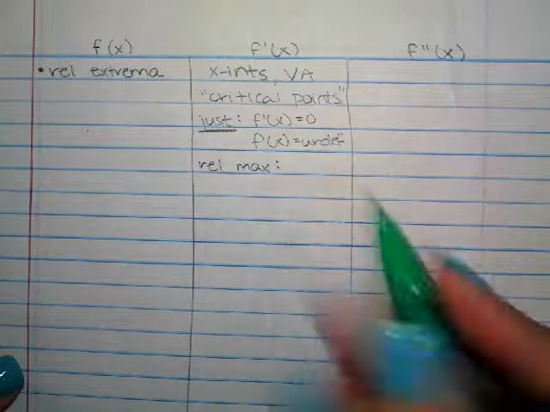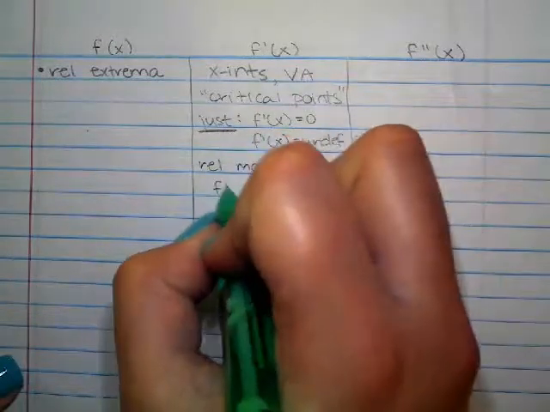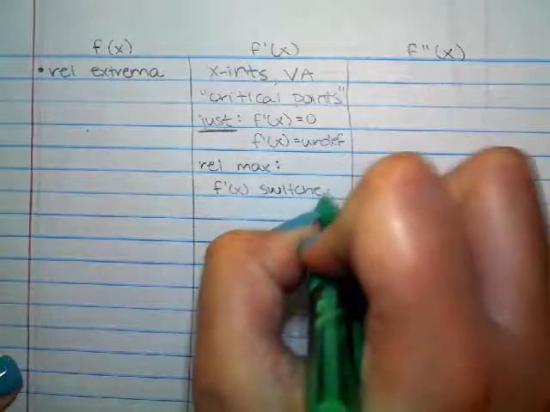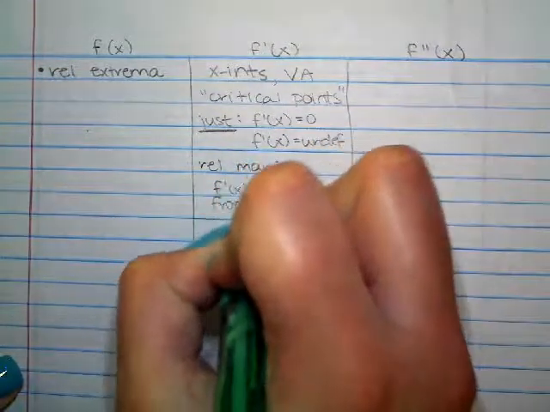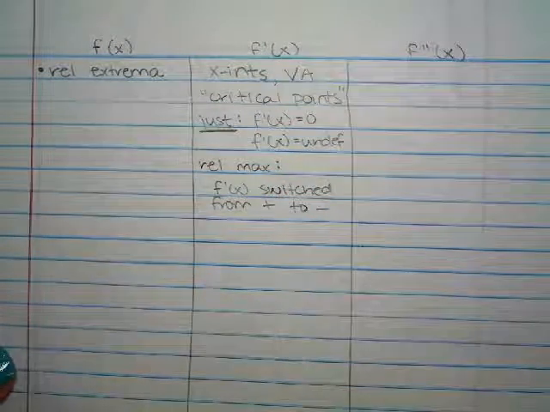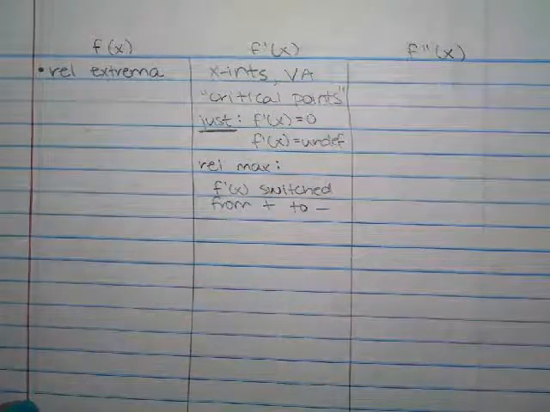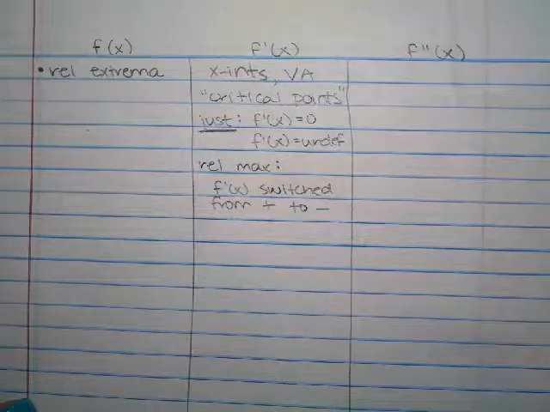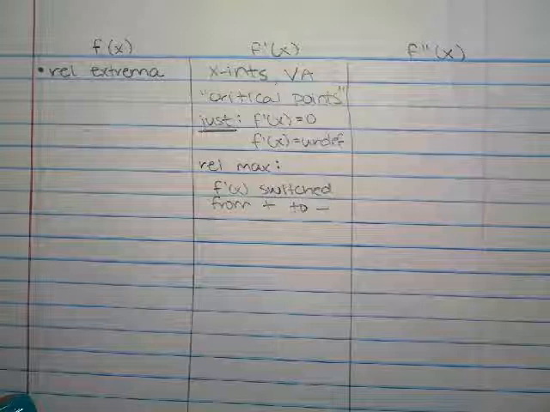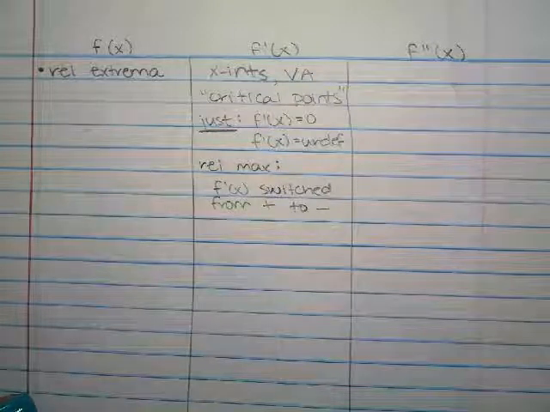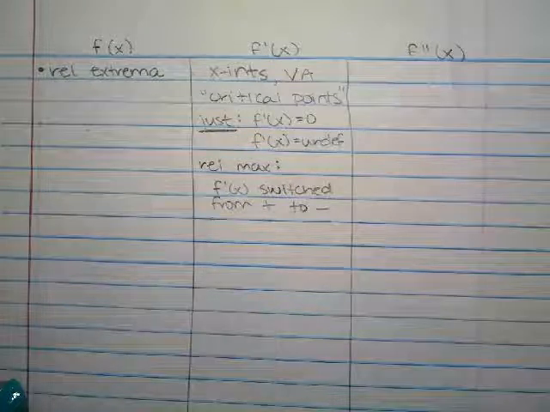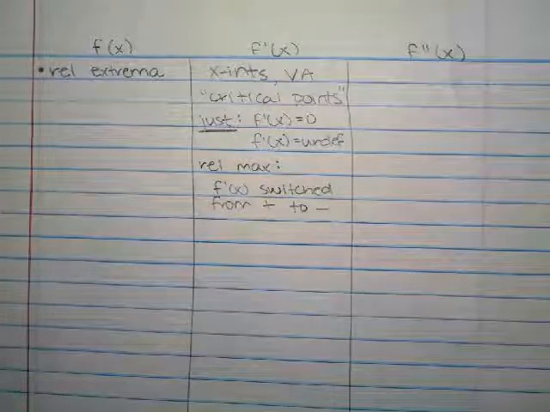So you can say f prime switched from positive to negative. You could say f prime was greater than 0 and then f prime was less than 0. Does that make sense? Okay, so you can say it like that.